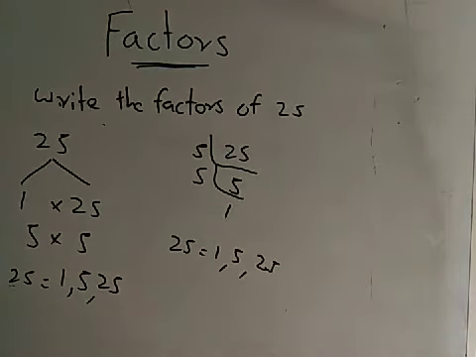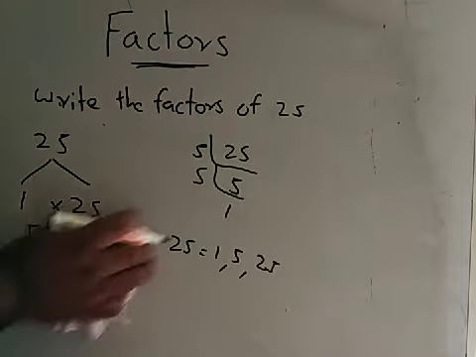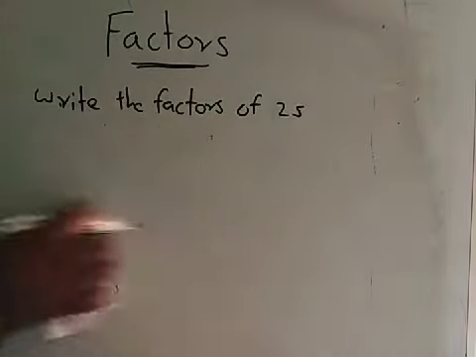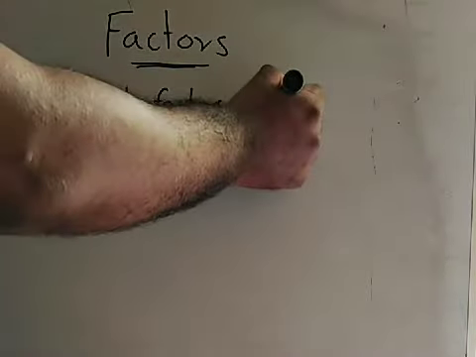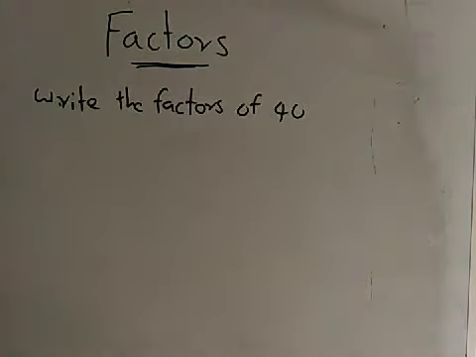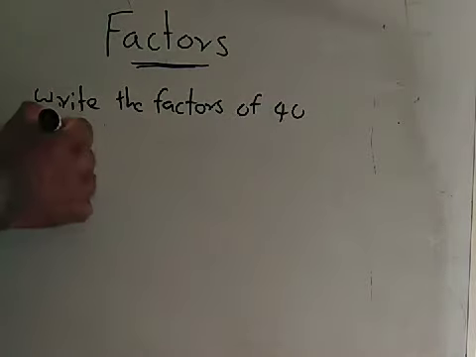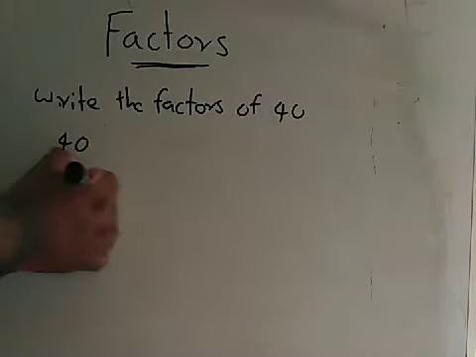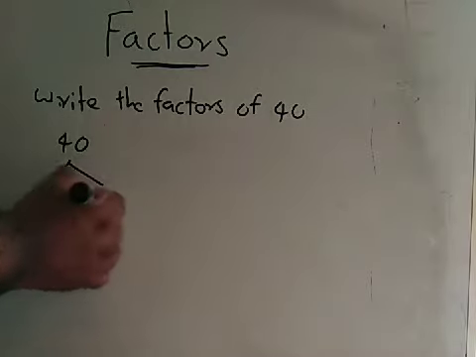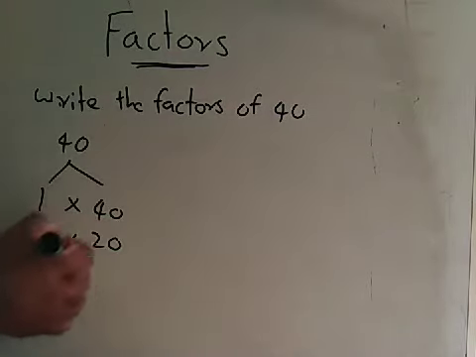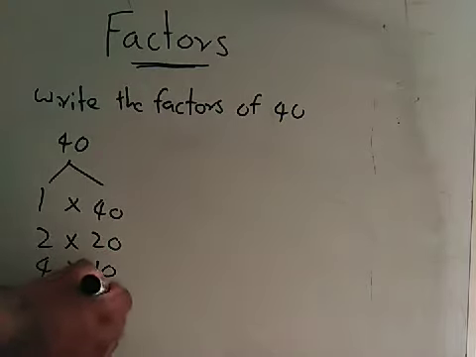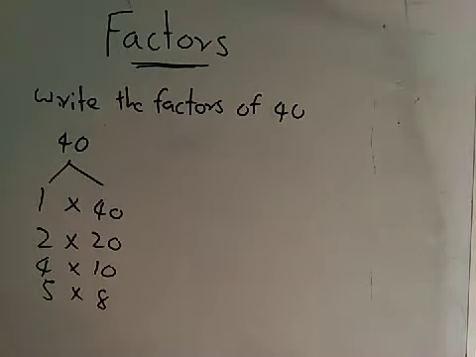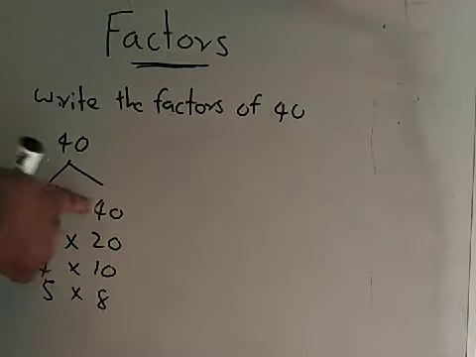Okay, then another example. Write the factors of 40. The first method: to make 40, 1 into 40, 2 into 20, 4 into 10, 5 into 8, 8 into 5, 10 into 4, 20 into 2, 40 into 1.